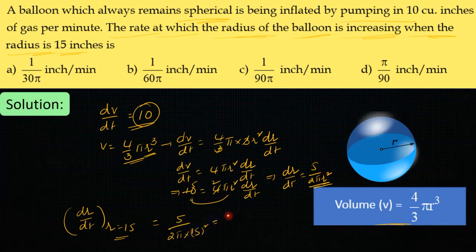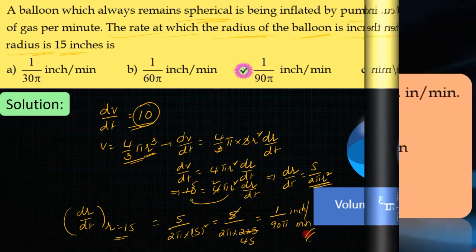This equals 5 by 2 pi into 225, since 15 square is 225. Here 5 fives are 25, 5 nines are 45. This equals 1 by 45 into 2 pi, that is 1 by 90 pi inches per minute. Therefore, the answer is option C.